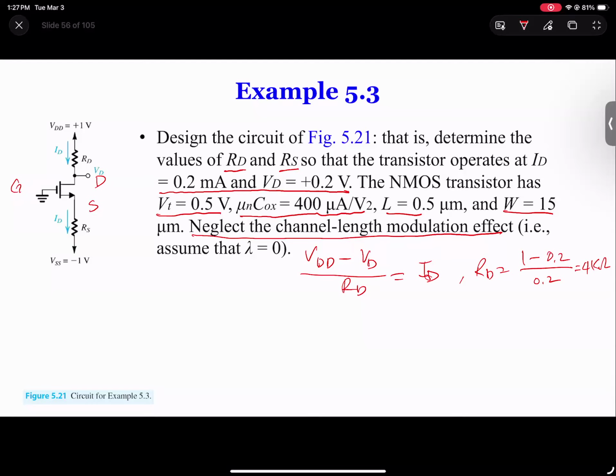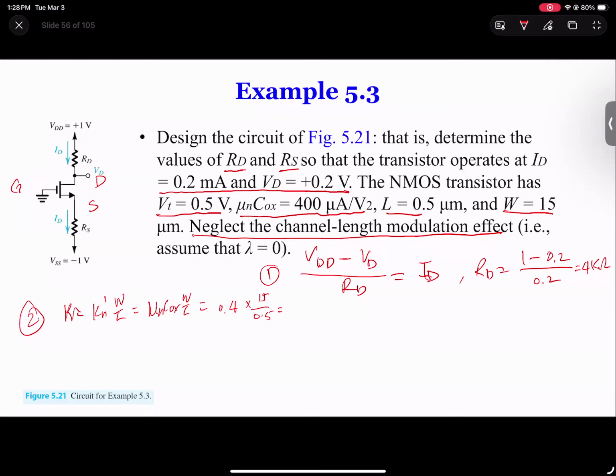So this step you have to do first, because it needs nothing about the transistor. What we can do next is look at K. K is Kn prime times W over L, which is equal to mu n COX times W over L, which equals 0.4 times 15 divided by 0.5.